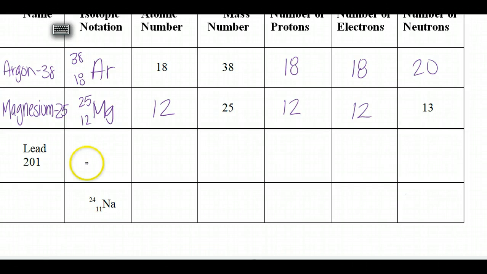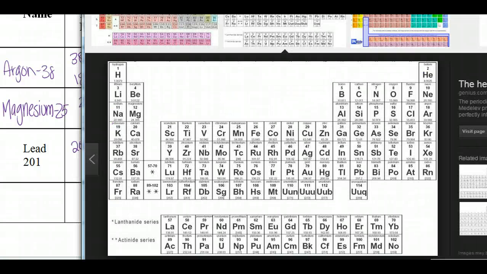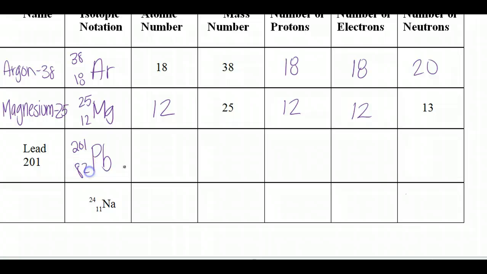For lead, the symbol is Pb. I'm told that the mass number is 201, and so I find lead on the periodic table, and it has an atomic number of 82. And so I can include that as my atomic number.